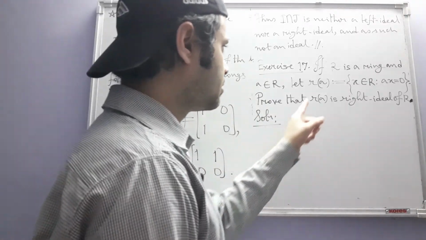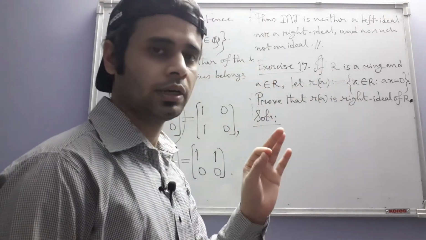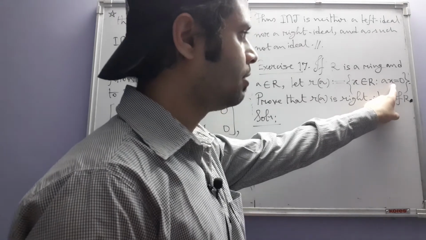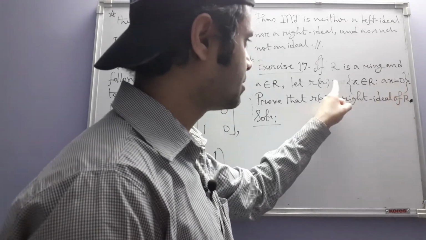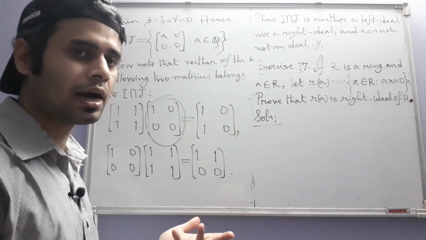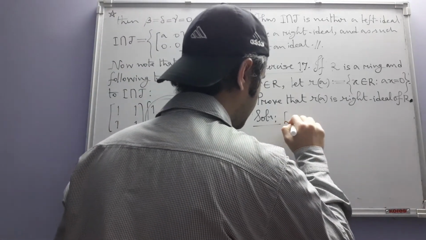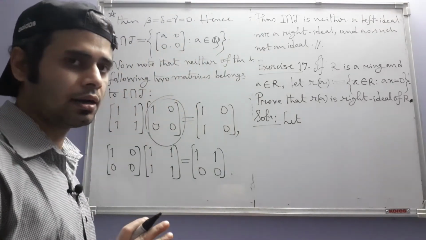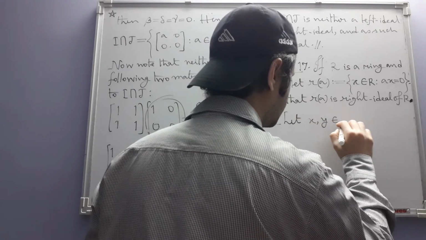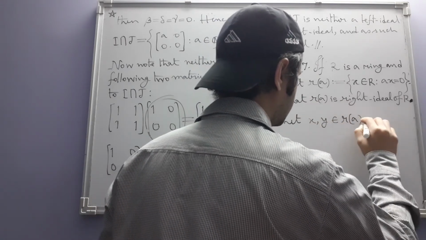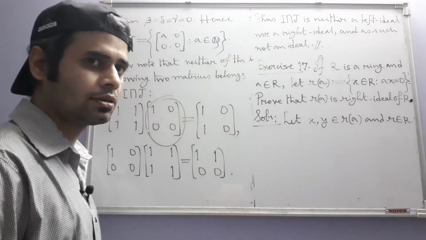So this is quick. The first thing you see is that RA contains the 0 element. If you take 0 in place of X, what do you get? Definitely 0. So that means 0 is in RA. So RA is a non-empty subset of R. So next we show that RA is a subgroup of R under addition. Let X and Y be two elements in RA, and simultaneously let us also take a ring element to verify the second condition.